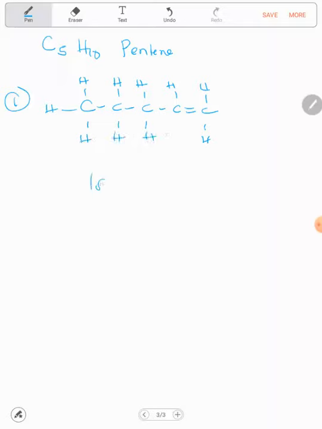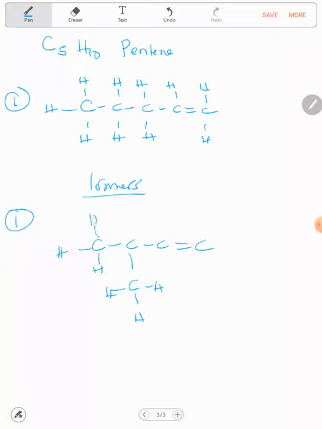Can I draw another isomer? Now let's draw isomers of this. One of the possible isomers: I can have these 4 hydrogen atoms, 3 like that, and I can bring the other hydrogen and the other carbon with 3 hydrogen atoms, keeping in mind this doesn't contain any hydrogen, and the last carbon only contains 2 hydrogens, as long as there's a double bond there.